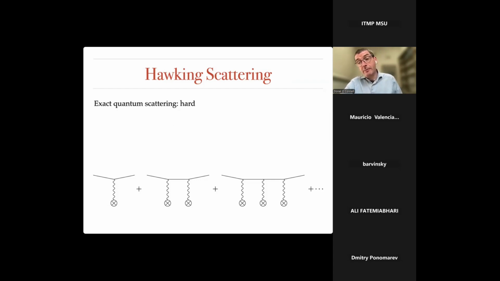It would be very difficult to compute the full wave function of a particle moving through this geometry. But again, following Hawking, there's a simplification which is very useful. And that simplification is to take the particle that's falling through as being a high energy particle. So I'm now working in a geometric optics regime.